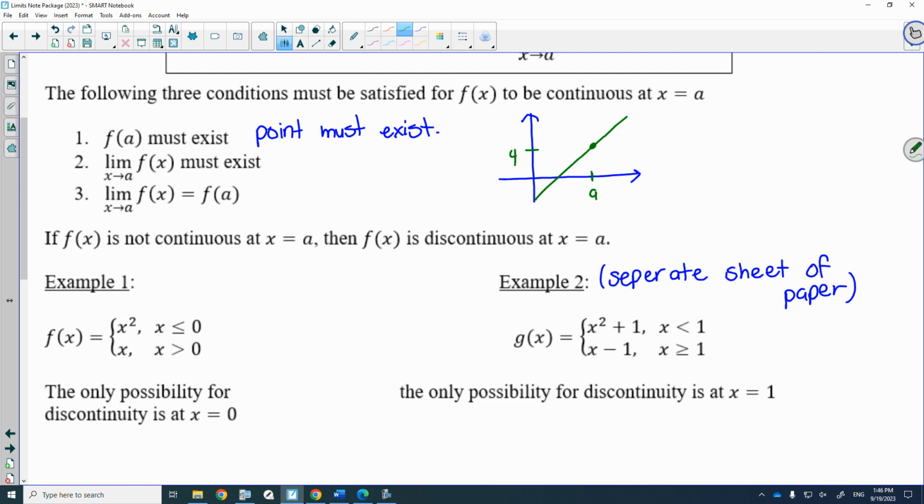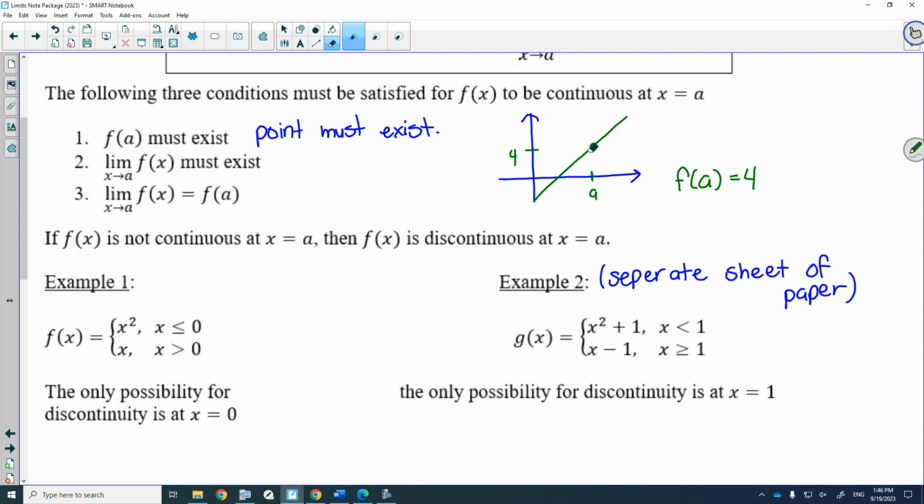And I say, what is f of a? The y value when x is a is 4. The point exists on this graph, right? So f of a is equal to 4, we'd say the point exists.